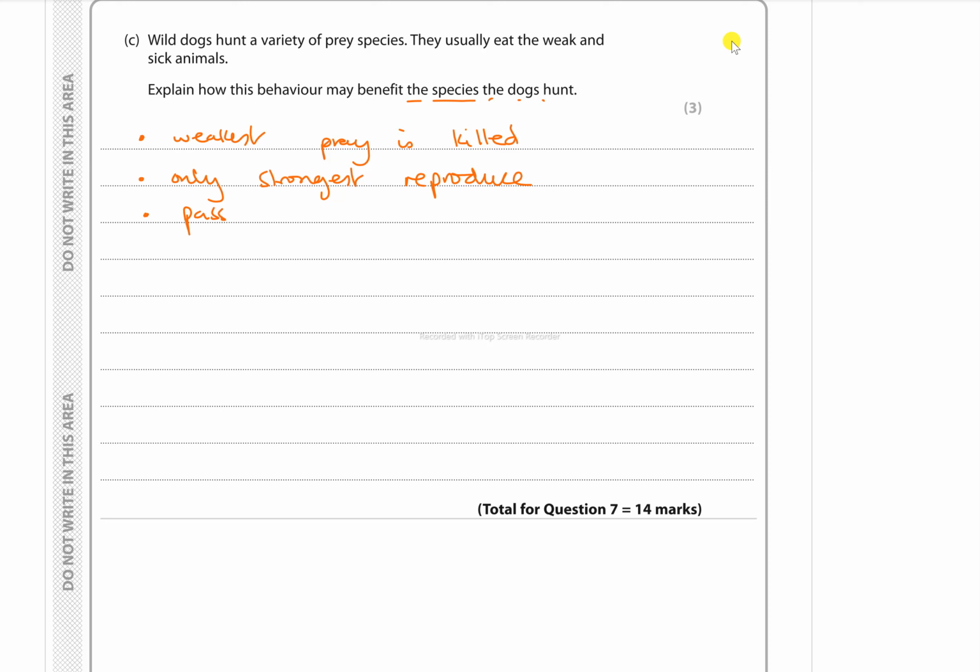passing on the healthy alleles to offspring. Offspring are healthy and survive.